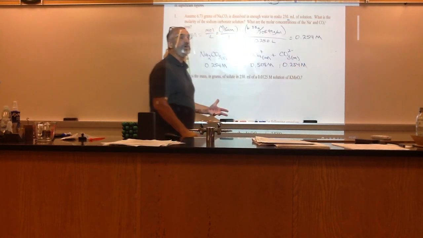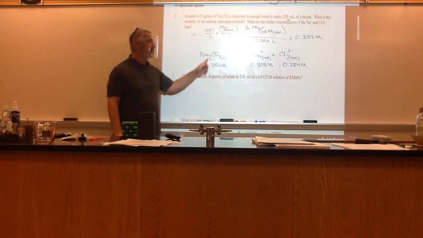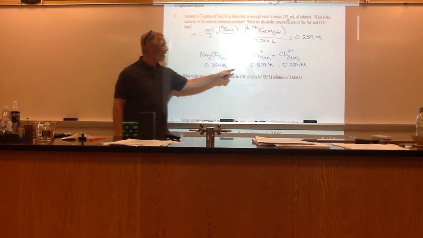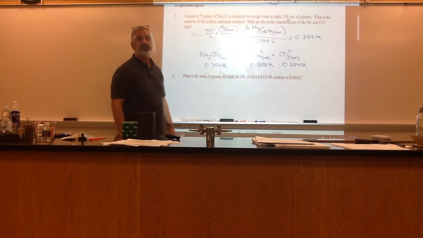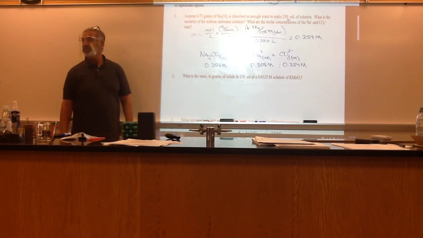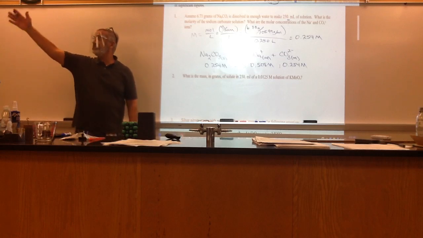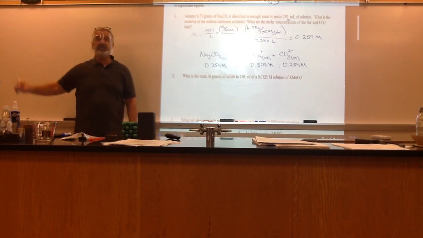Notice that the overall concentration of particles is 3 times this, because if we added these together, we're going to get 3 times this, because every one of these breaks up into 3 particles. Are y'all seeing how they dissociate? Positive ion, negative ion. You have your positive ions here, your negative ions there.